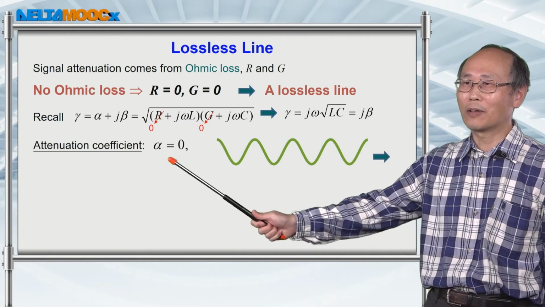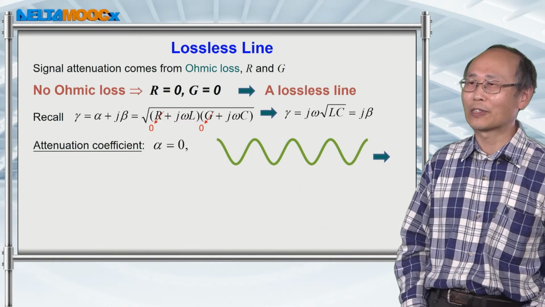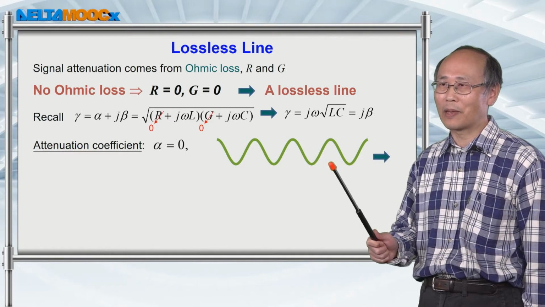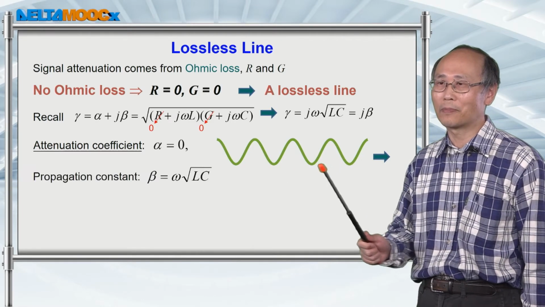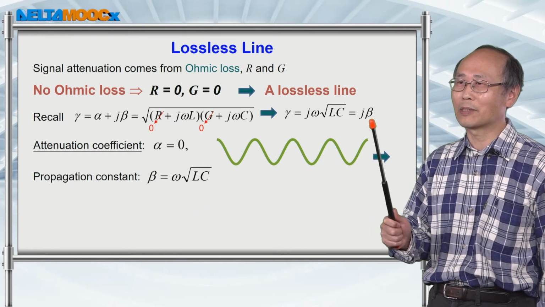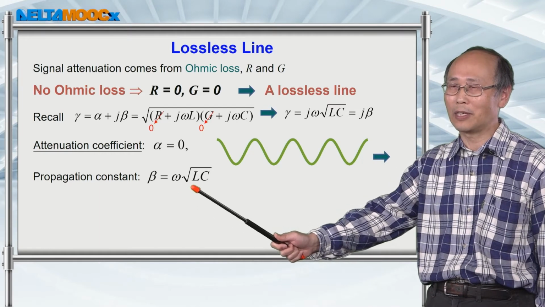So for this wave propagating over some distance, the amplitude is not going to change over time and over distance. And the propagation constant basically is beta equal to omega multiplying with the square root of LC.